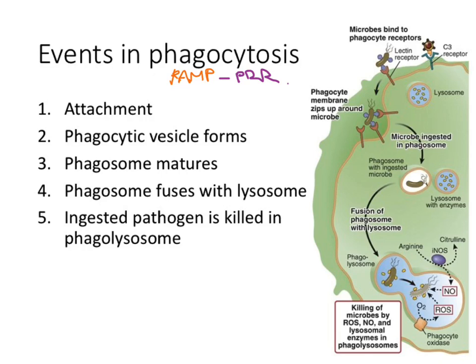So PAMPs are things that are going to be common among a large group of microorganisms. Oftentimes we consider these to be foreign. They are not something that is naturally made inside of the host, so our immune system responds to it. PRR, on the other hand, stands for pattern recognition receptor. So these are the actual physical receptors on the surface of the cell, and this is just showing a couple of examples up here.